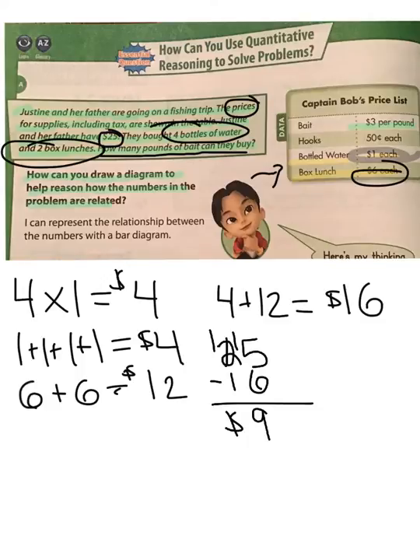So we can divide 9 divided by 3, which equals 3. I know that also because 3 times 3 is 9. So they can buy 3 pounds of bait.